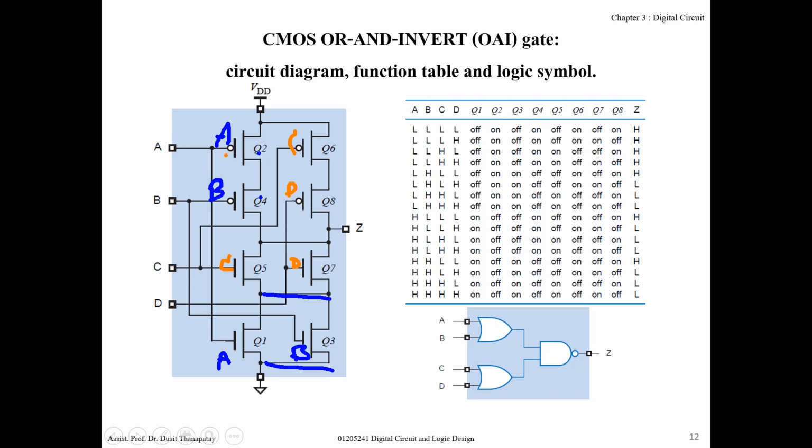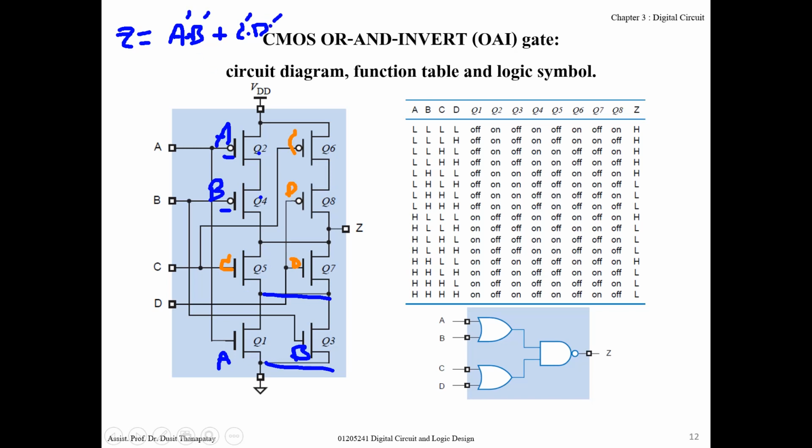Don't forget it's active low, right? So the output will be 1 when C is 0 and D is 0, or A is 0 and B is 0. So you can write the expression for this function as A and B or C and D. That's all. Okay, easy, right? What about when you invert?